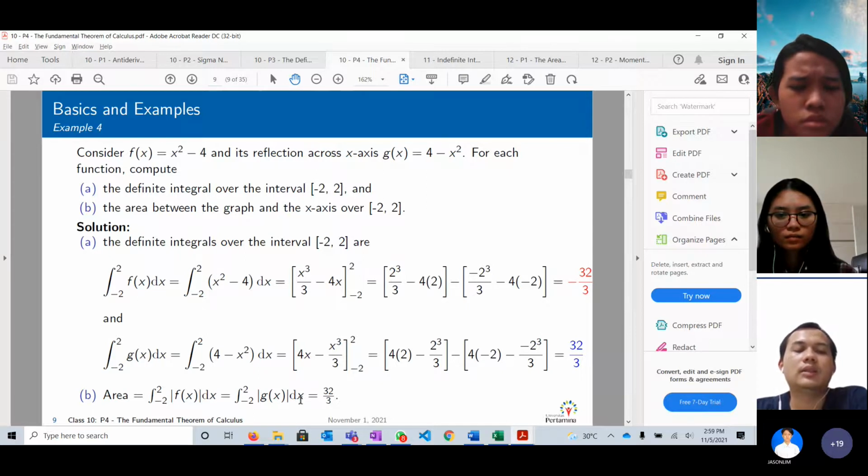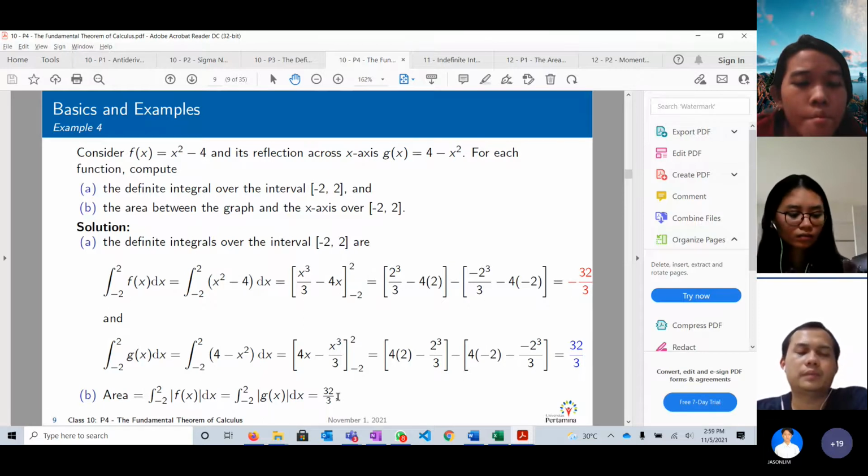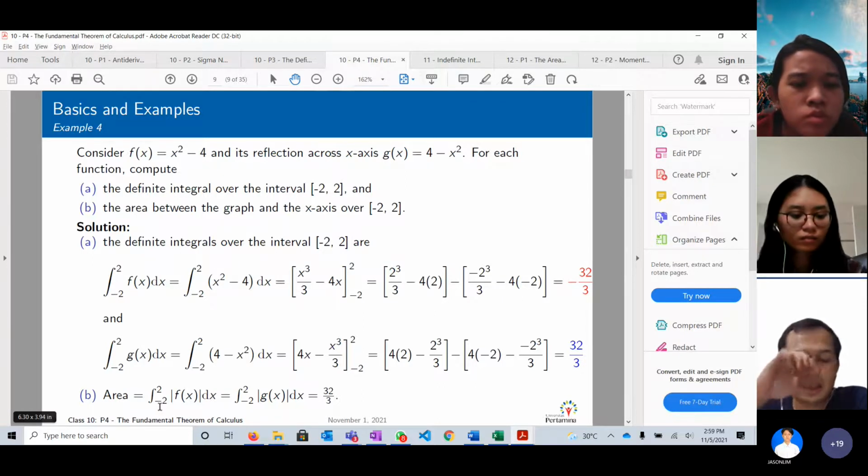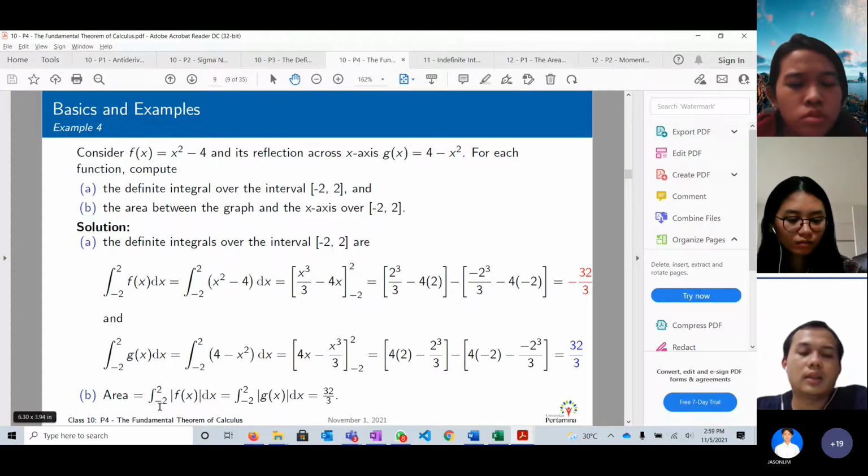Jadi from here we know that if we are asked the definite integral, the sign could be negative or positive. And if we are asked about the area, then the sign must be positive. Kalau kita diminta mencari integral tertentunya, tandanya bisa positif, bisa negatif. Tapi kalau kita diminta mencari luas daerah antara grafik dengan sumbu x, maka kita ambil nilai mutlaknya.